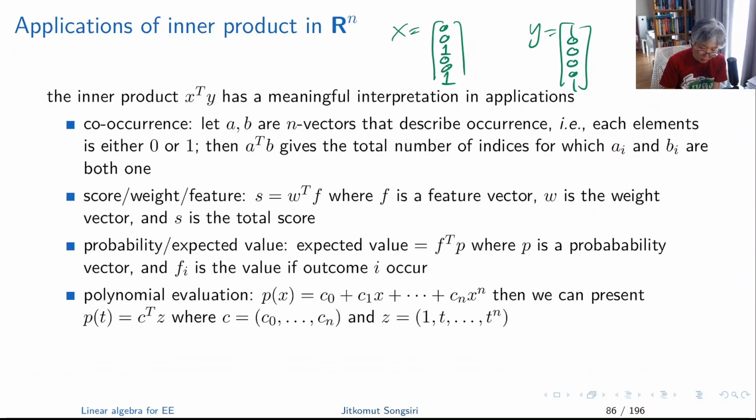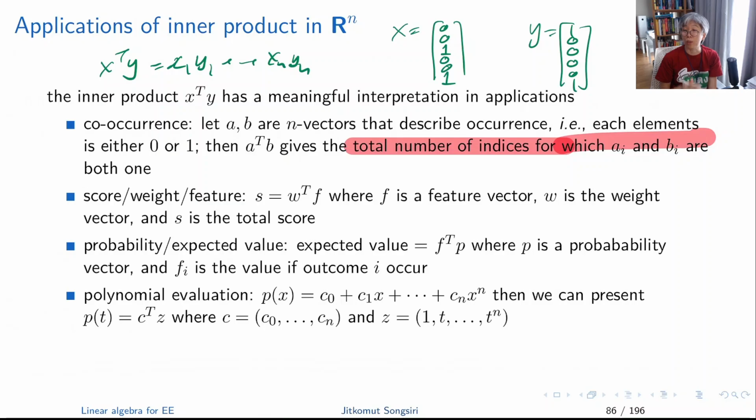When you take an inner product between x and y, that is x1 y1 plus dot dot dot plus xn yn, that gives you the total number of indices where the two vectors are both 1. So it represents co-occurrence of the events of your interest.